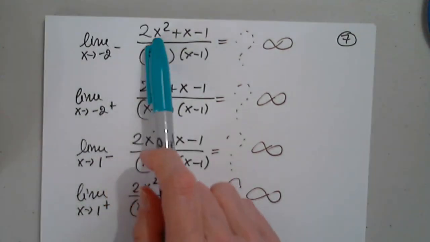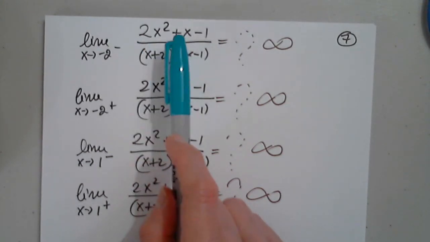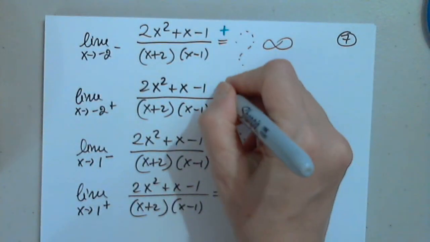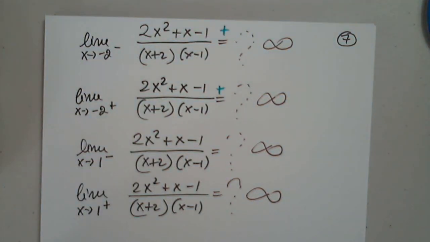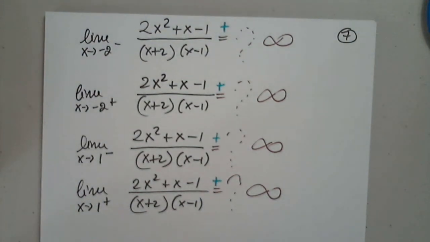So when I plug in -2, again, 4 times 2 is 8. 8 minus 2 is 6. 6 minus 1 is 5. I don't have any problem here. It's a positive number. And even with 1, 2 plus 1 is 3 minus 1, so this is still a positive number. But what is important now is the sign in the denominator.